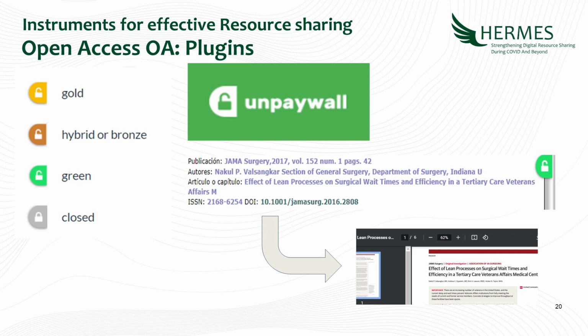So they can remove them when they want. Hybrid articles are published with APC, the article processing charge. And gold are published in gold journals, open access journals.